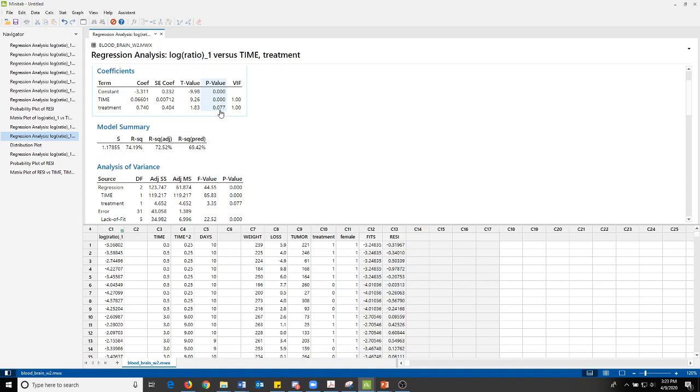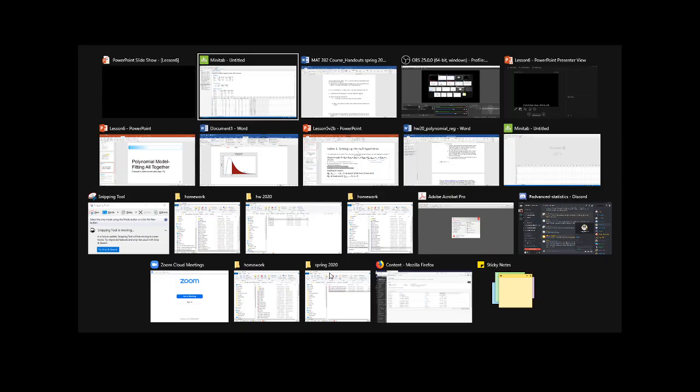And this is the part of statistics where you have to take in all the information. There's usually not a black and white answer. There's some gray in there, and you have to take a look at it. So in this case, treatment does appear to have an effect, but only if we have the model where we include time squared. That's the information that I wanted to show you, putting it all together.